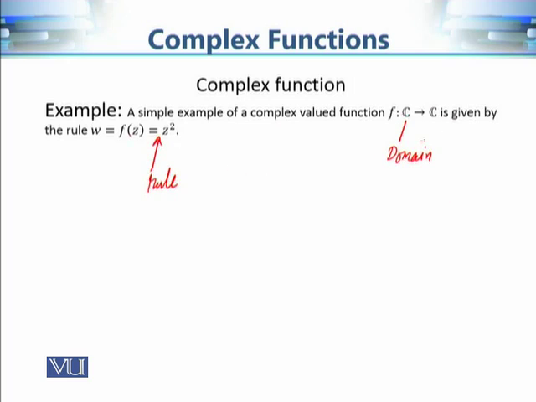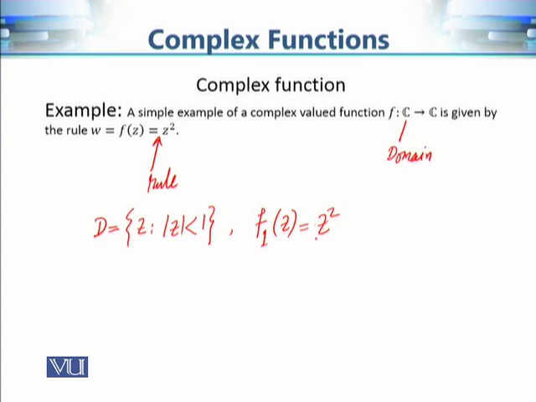But if I change the domain, let's consider the domain D to be the open disk of radius 1, and we take the rule to be the same. Let's consider f1 of z is equal to z square. In this case, the functions f and f1 are completely different functions.